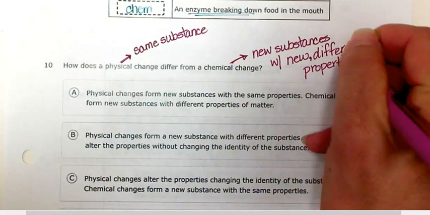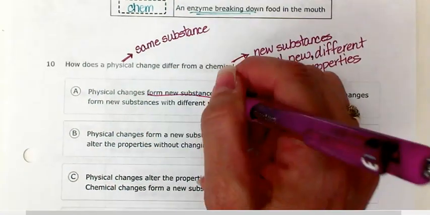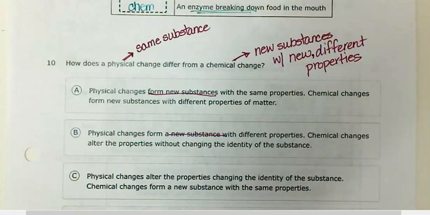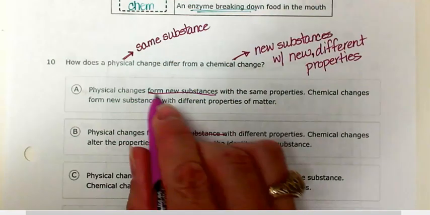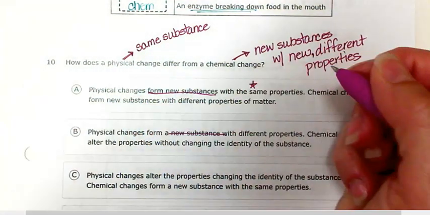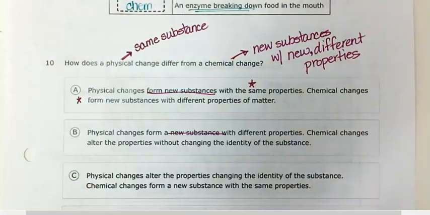Okay, so let's see what choices are the best. Physical changes form new substances. Nope. Physical changes form a new substance with, nope. Well, okay, let's go back to A. Form new substances with the same property. I don't know. Do they mean like solid water in the form of ice to liquid water? I don't know. Let's go back to that one.